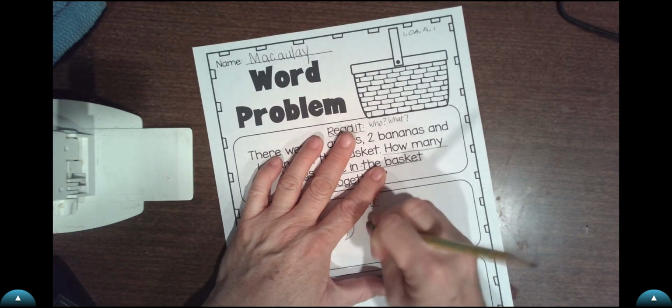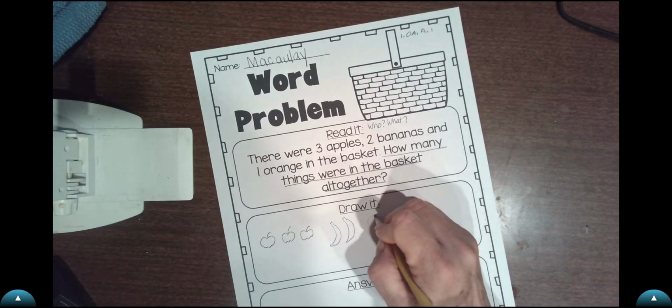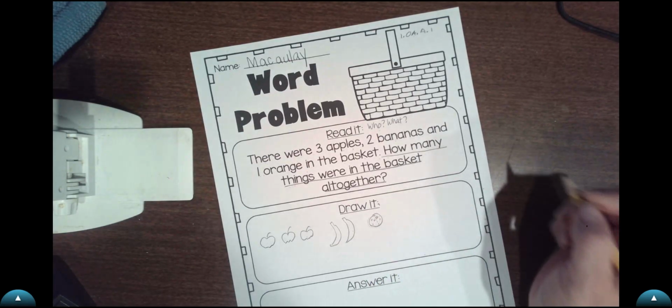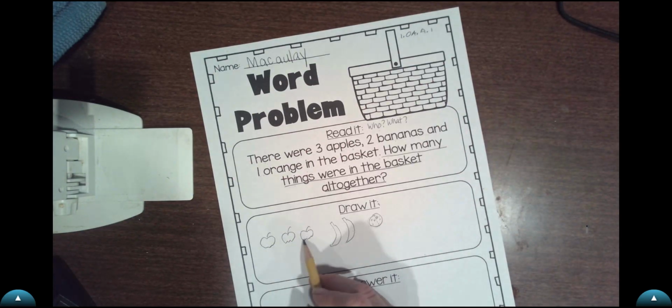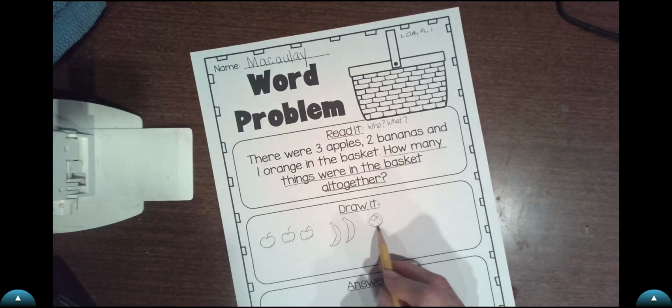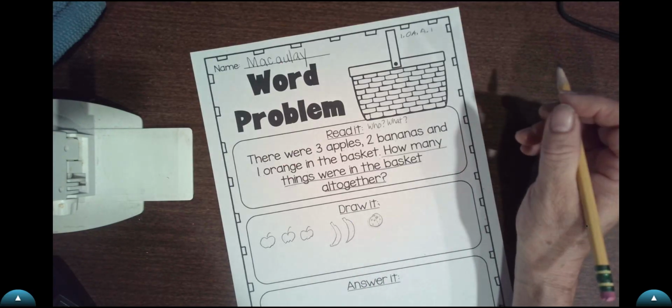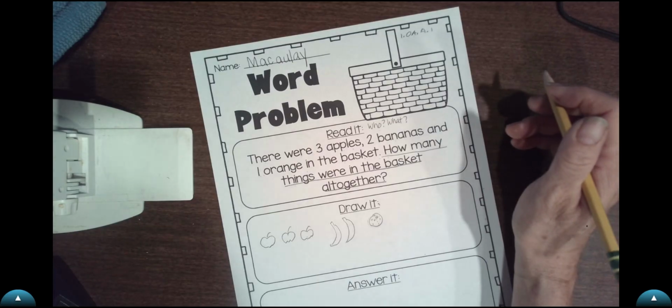Let me think. An orange, it's a circle with the orange dots. Okay, there's my orange. Okay, so here's my 3 apples, 2 bananas, and 1 orange. If you want to pause the video so you can finish drawing, go ahead and do that now.